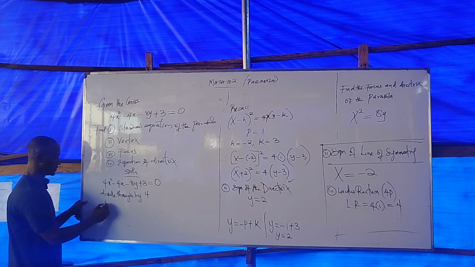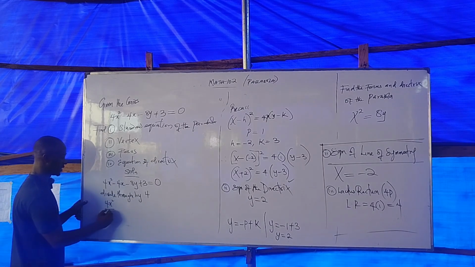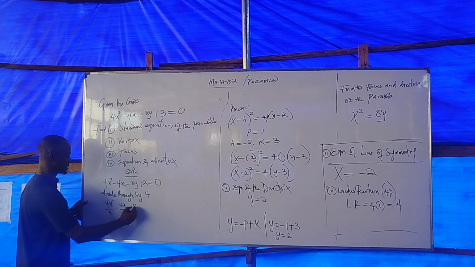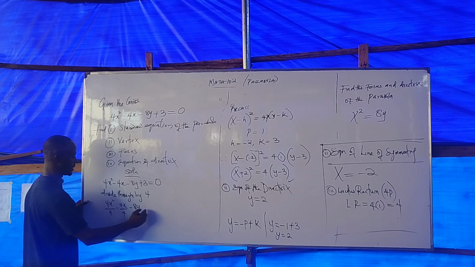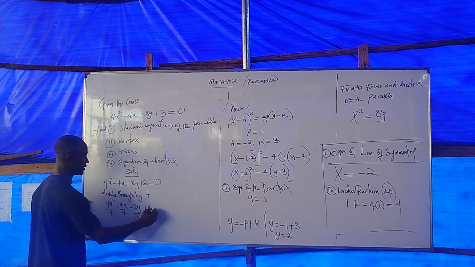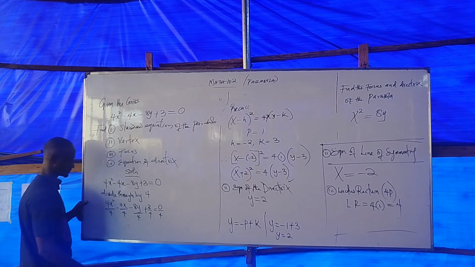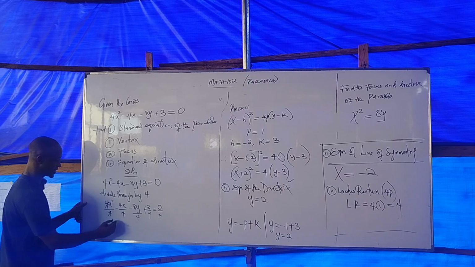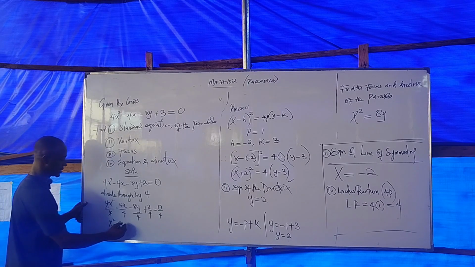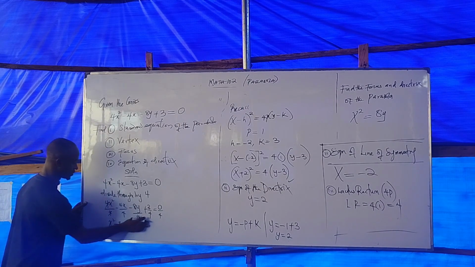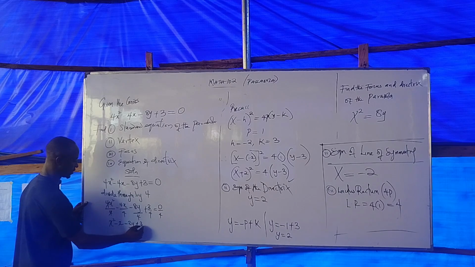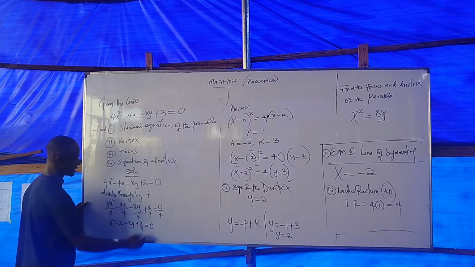And that will give us 4x squared over 4 minus 4x over 4 minus 8y over 4 plus 3 over 4 equals 0 over 4. Are you following? We have x squared minus x minus 2y plus 3 over 4 equals 0.